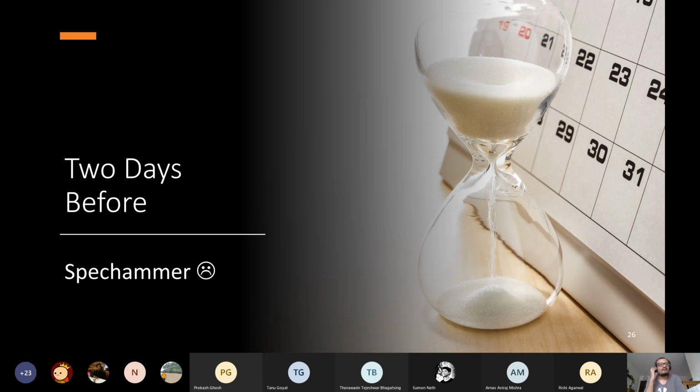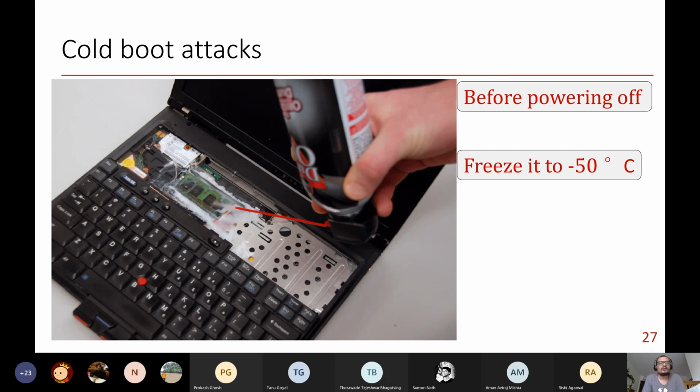Okay, so let me just quickly jump into the last part, which is called the cold boot attacks. Again, ideally, I should show this in a lecture hall, but again, not possible. If you want to play with it on your laptop, do it. So cold boot attacks are nothing but, you remove your DIMM from your laptop, desktop, or whatever, and make sure that you freeze it.